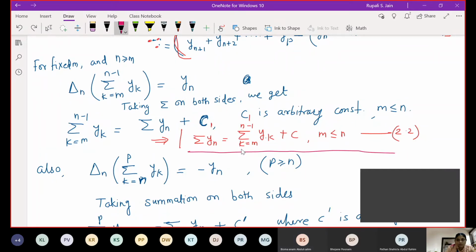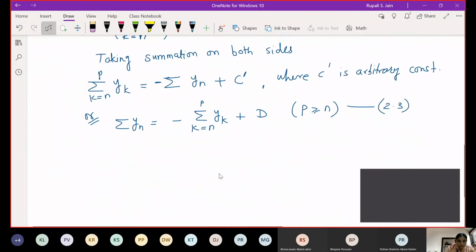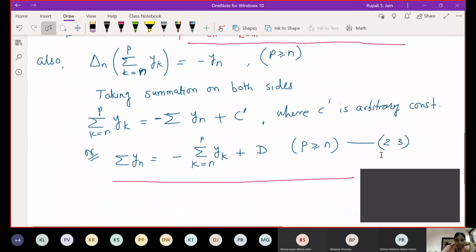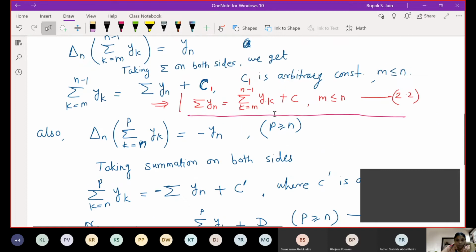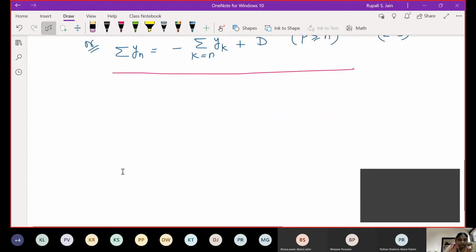This is important, 2.2, and this is also important, 2.3. So can you see this 2.2 and 2.3 tells us something like finite sum and indefinite sums are related to each other with these relations 2.2 and 2.3.